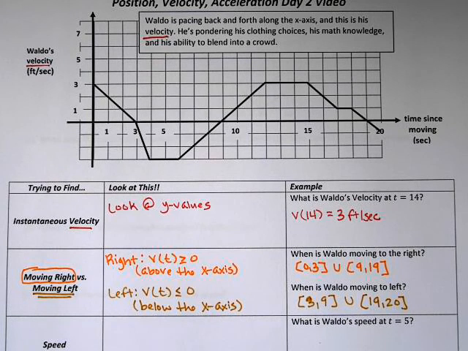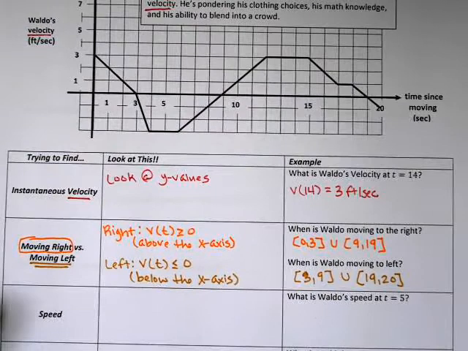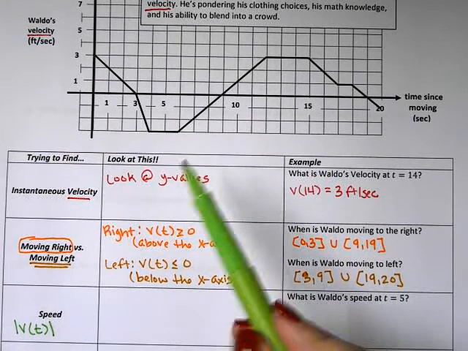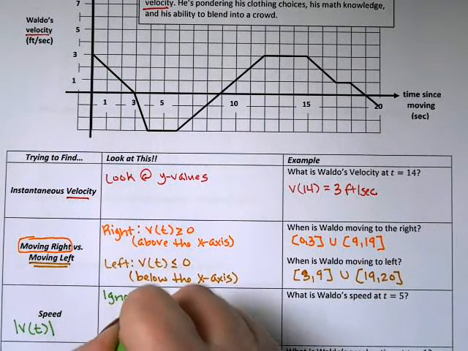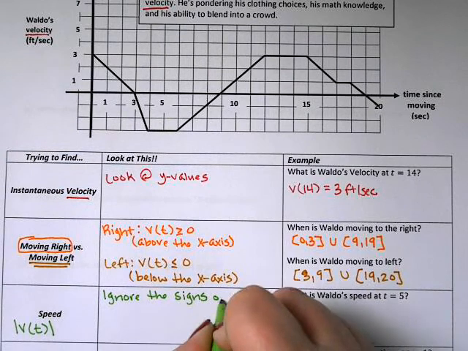Now, in terms of speed, we don't have to do too much more. Speed just means we're looking at the absolute value of the velocity, and we're given the graph of velocity, so all we have to do is ignore the signs on the velocity function.